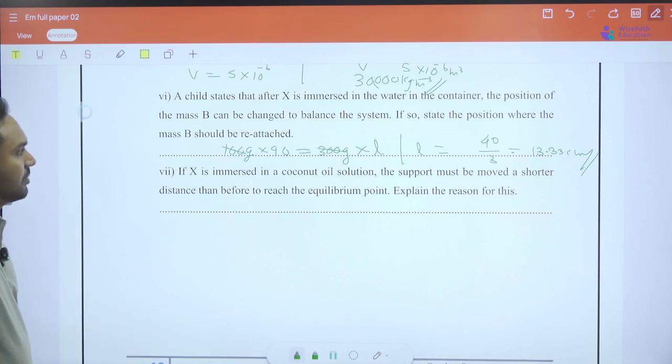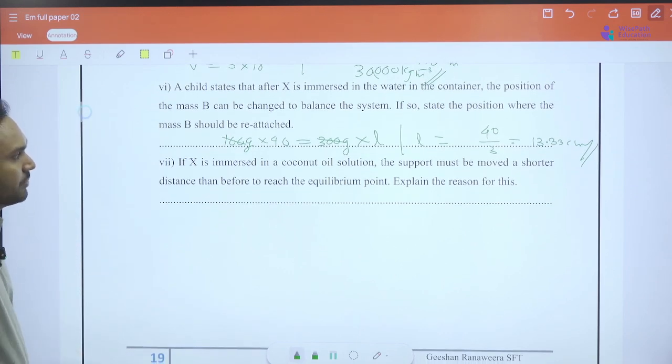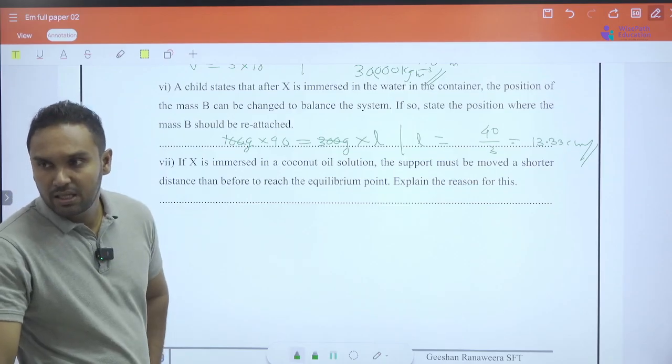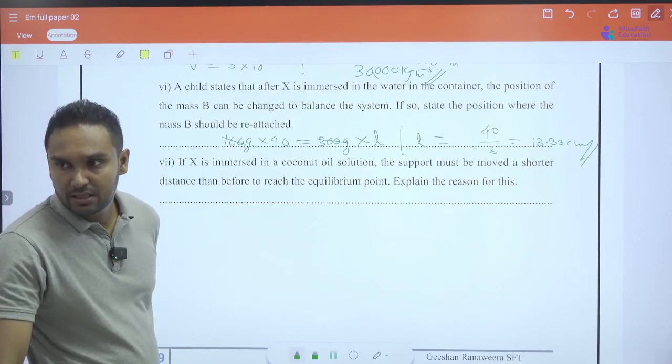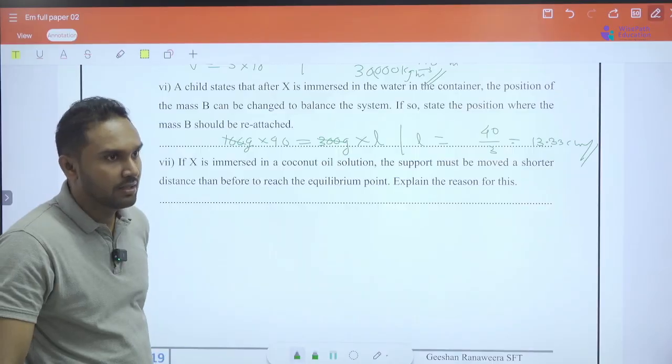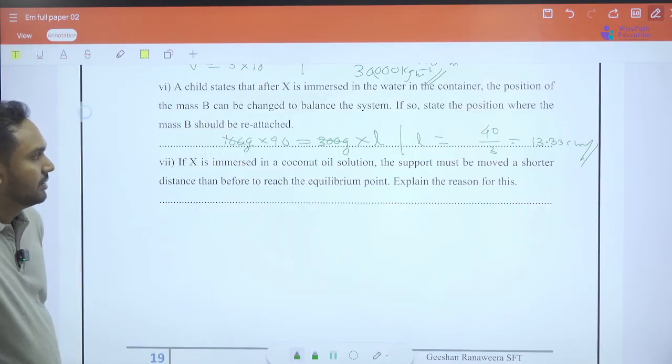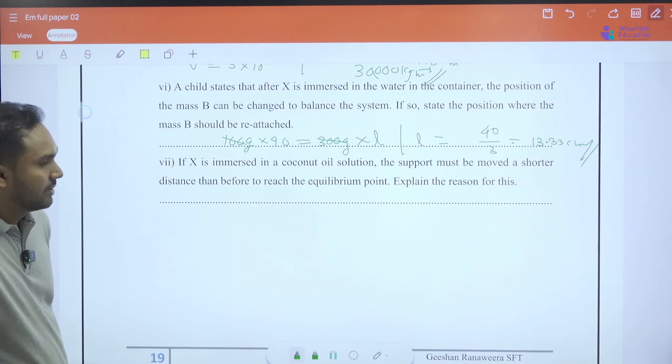If X is immersed in a coconut oil solution, the support must be moved a shorter distance than before to reach the equilibrium point. Explain the reason for this. If you are using coconut oil, the upthrust will be less than in water, because coconut oil usually has around 800 kilograms per cubic meter, and the water is 1000.